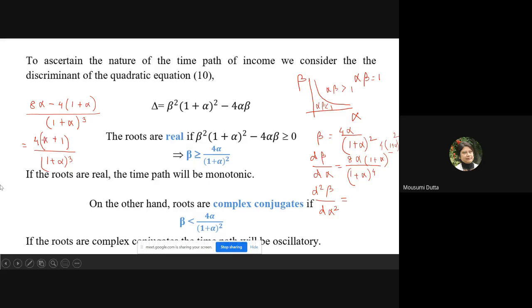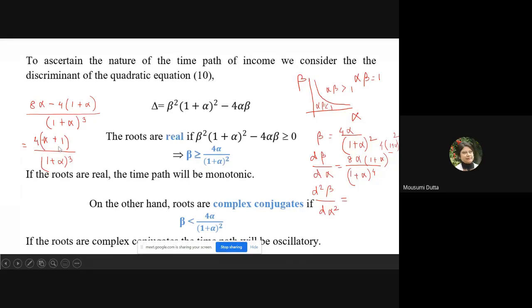Because from this equation, what I am finding, 8 alpha minus 4 alpha, that means 4 alpha minus 4. Okay. So it is 1 minus alpha. And, sorry, alpha minus 1.